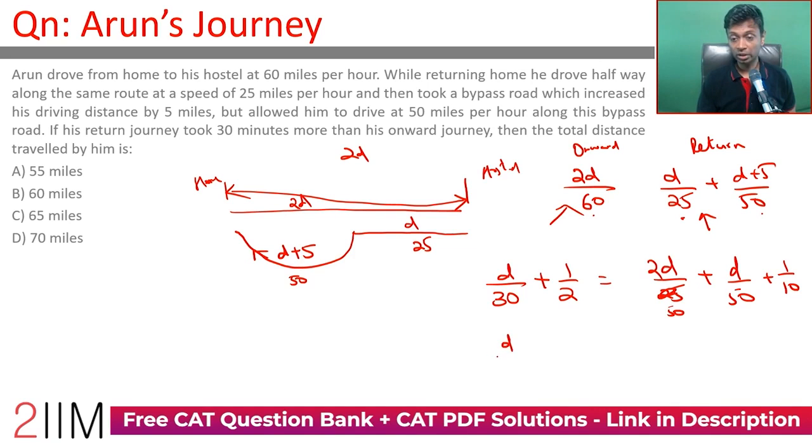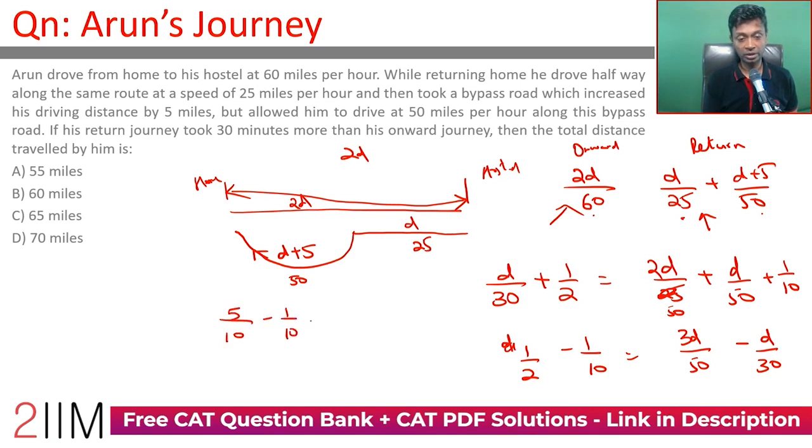So 1 by 2 minus 1 by 10 equals 3D by 50 minus D by 30. 1 by 2 minus 1 by 10 is 5 by 10 minus 1 by 10, which is 4 by 10, which is 2 by 5. This side is 2 by 5.